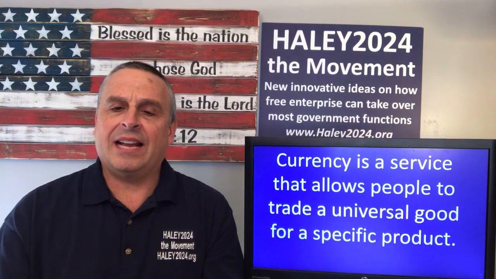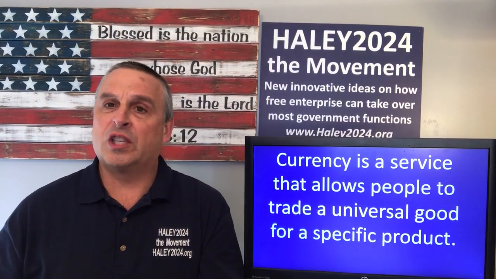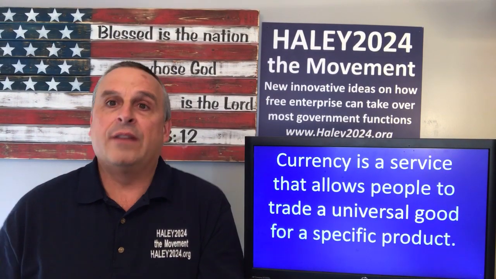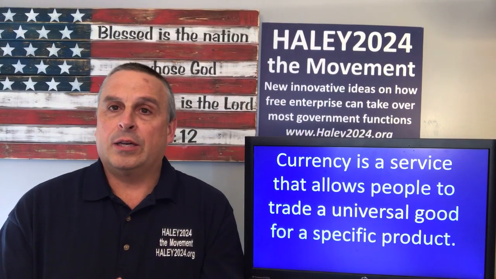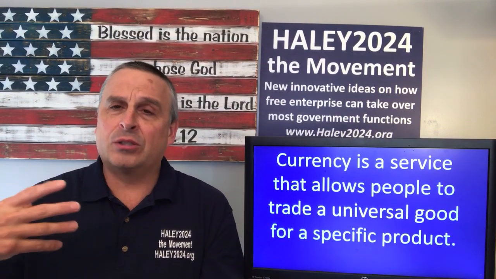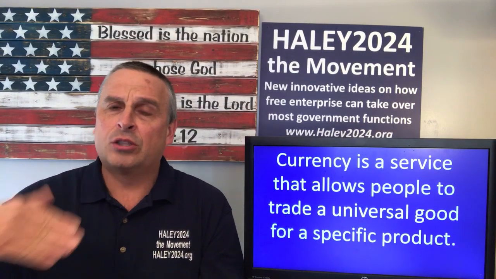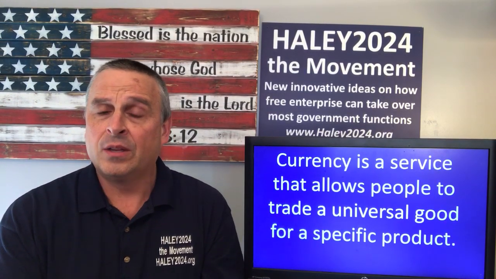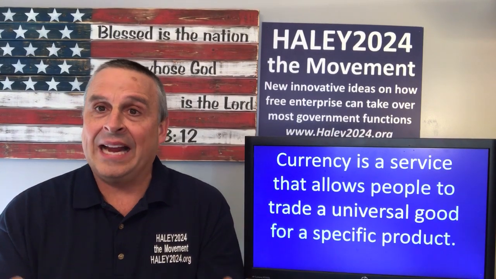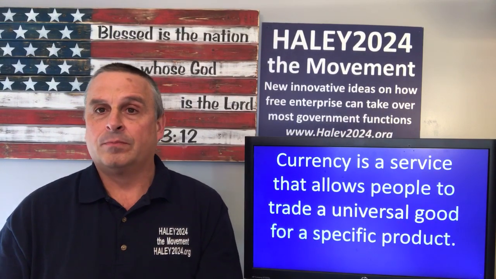Currency is a service that allows people to trade a universal good for a specific product. The invisible hand of the market creates a ledger of how much service you're giving into the world of services and how much you're getting back out.